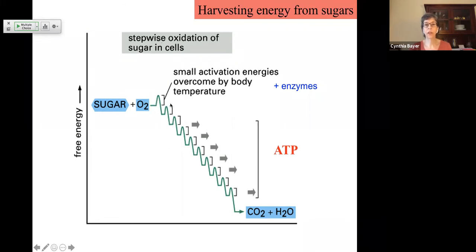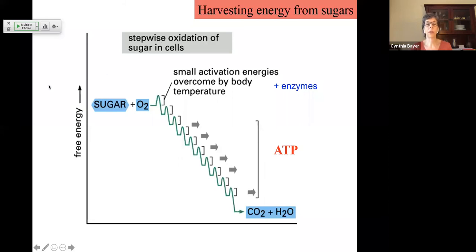Small activation energies overcome by body temperature, overcome by specific enzymes catalyzing specific chemical reactions in small steps, extracting the energy from that sugar molecule and eventually using that energy to synthesize ATP, that useful mobile form of energy.